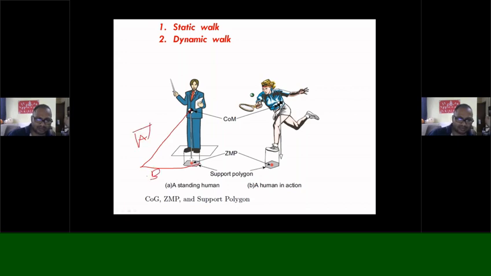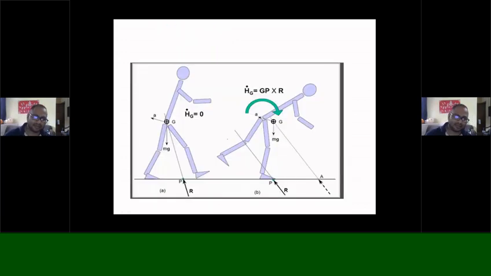There is another vector B. There is an angle between these. During static walk, no extra torque is required to balance the body. But when you are dynamic, the ground reaction force should pass through here, but actually it is passing here. So the body is momentarily unstable. To adjust or maintain this, you require some torque, which you can calculate.